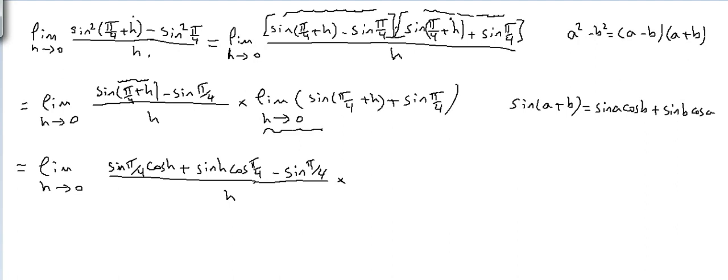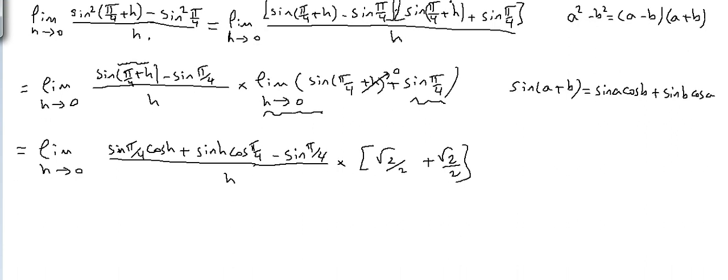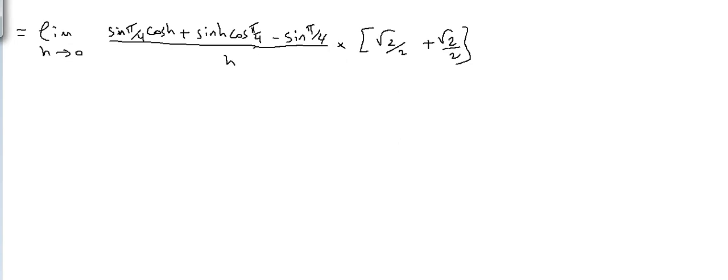The limit here, let's do it directly, because if we substitute h equals 0, what is left is sine pi over 4, which is radical 2 over 2, plus another sine pi over 4, which is another radical 2 over 2. We will see the next step. Okay, we still have a problem in this first part.